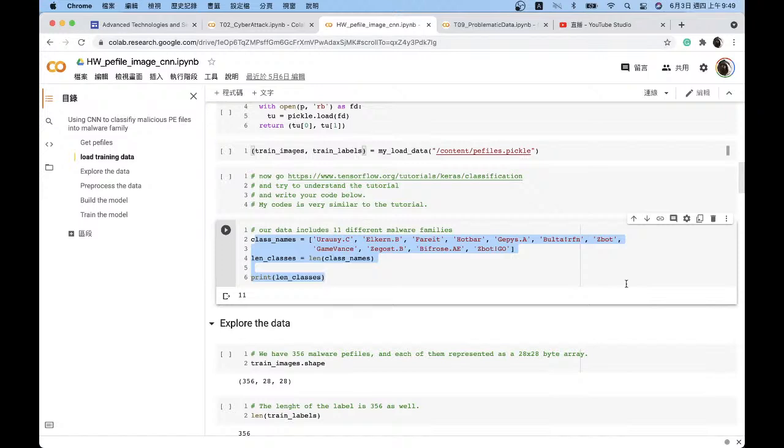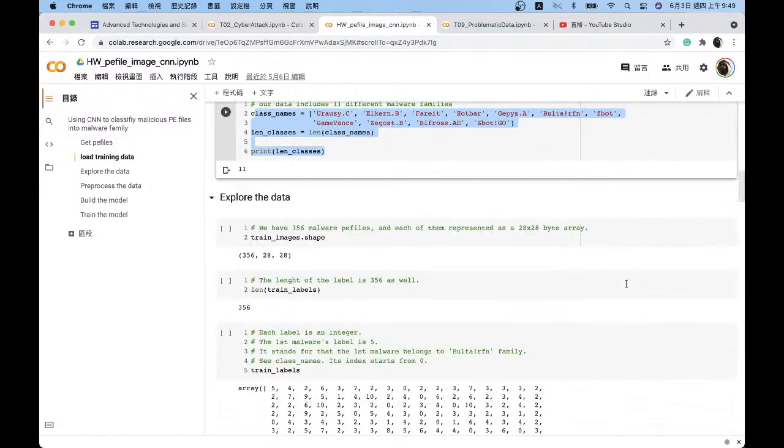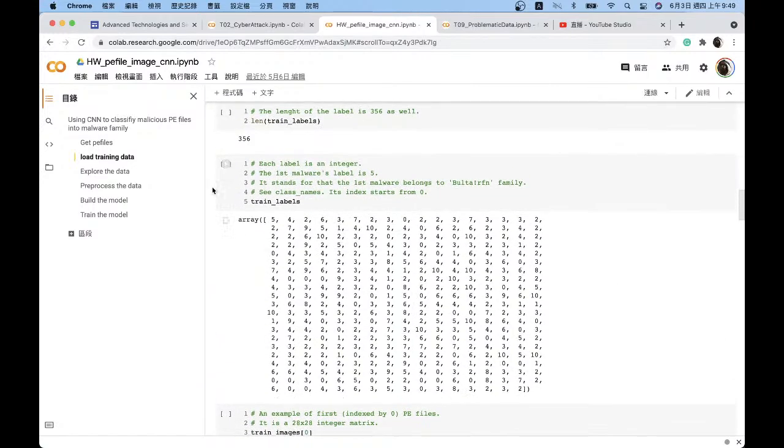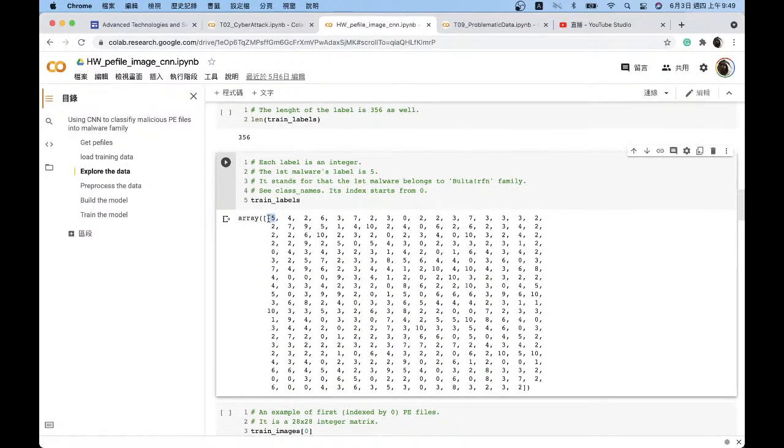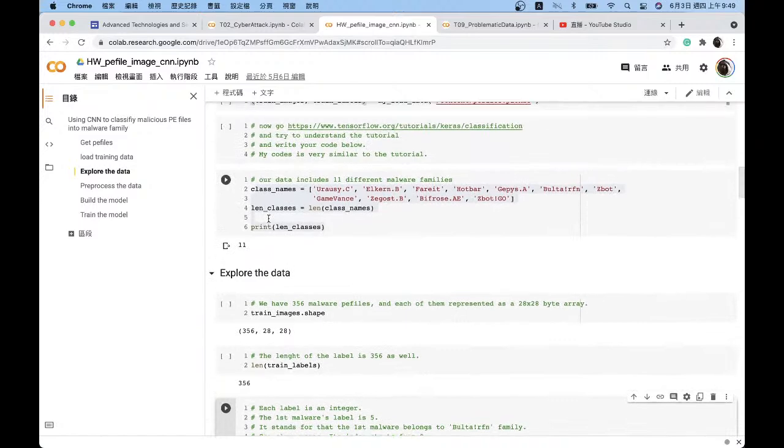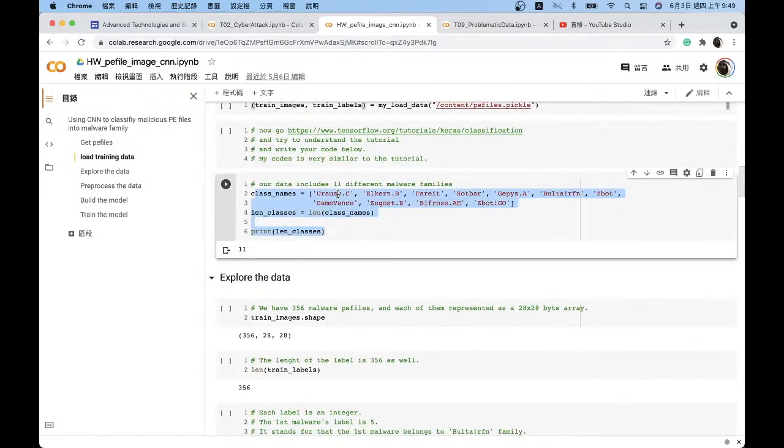Among these 356 malware samples I provided to you, they belong to 11 different malware families. That is the answer right here. The 5 right here means the first malware I provided belongs to the 5th malware family, so let's start from 0: 0, 1, 2, 3, 4, 5.